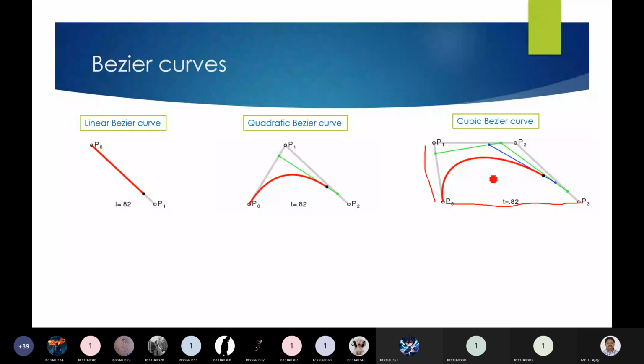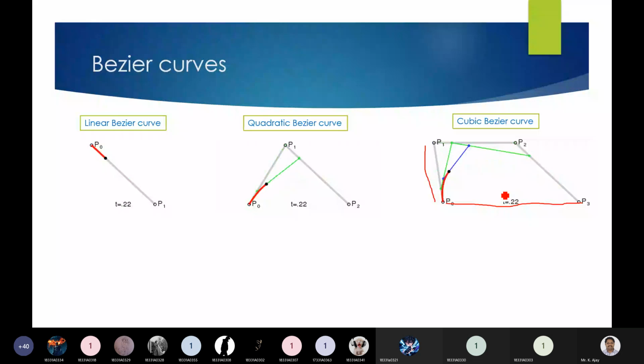So here one more thing that you can understand, and another characteristic, is the curve always lies within the Bezier polygon. And of course, there are certain other things also that need to be understood about the Bezier polygon. We will talk about the convex hull property, all those things.